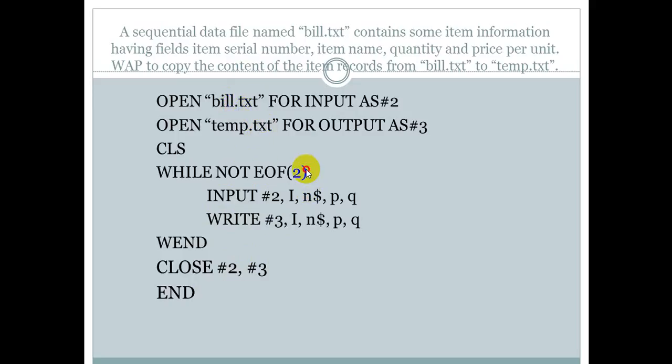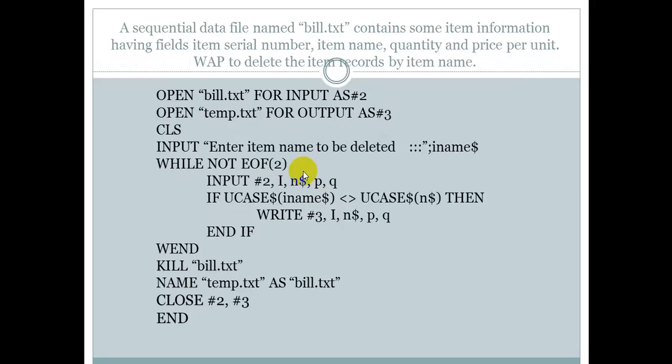Let's take another example. This program explains how to delete item records by name. Any item name you can enter in order to delete. Let's take the example laptop item. So we should open the files in two modes. Bill.txt for input mode, we have to read the content from bill.txt, and another file, temp.txt, which is a temporary file, should be output mode.